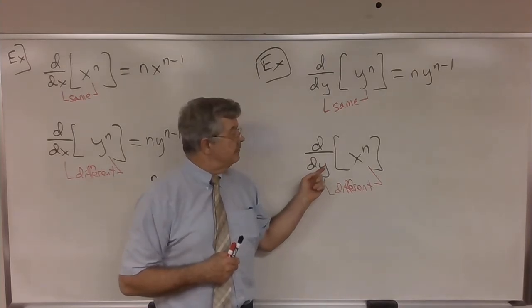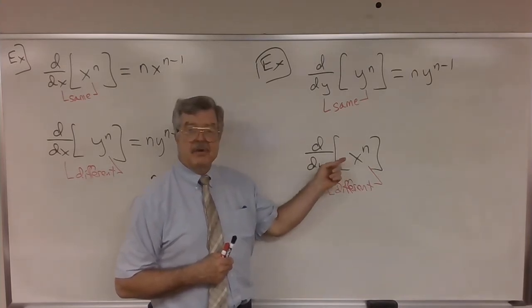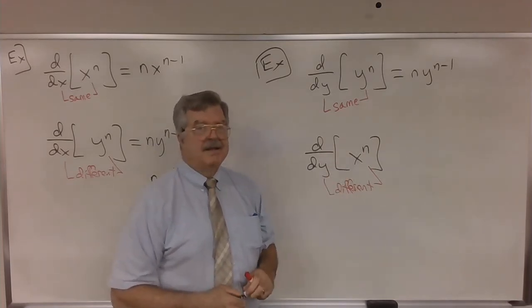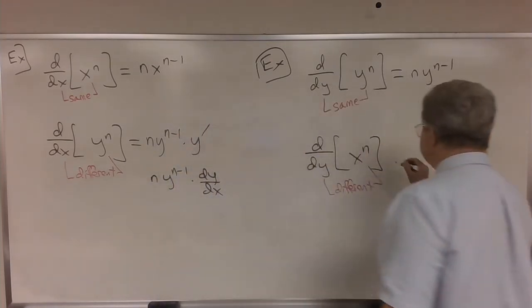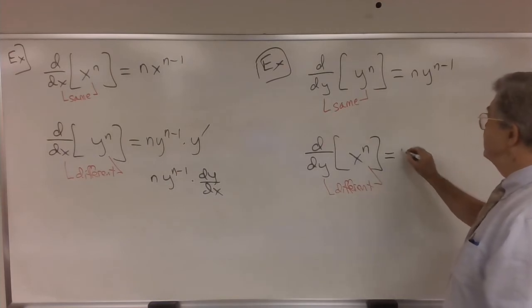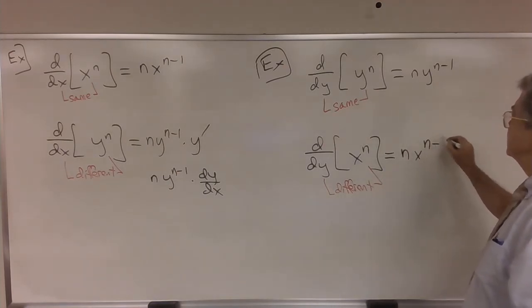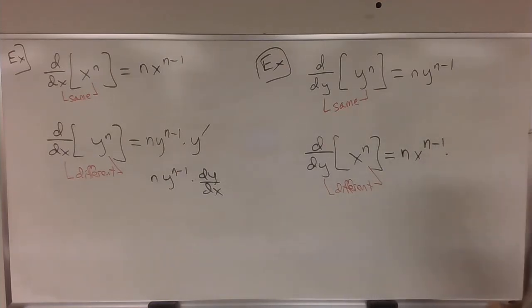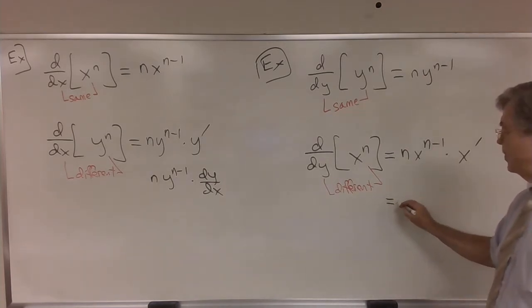That makes this a function raised to a power. So we have to use the chain rule. Power rule as usual, and then the derivative of the inner, where x' equals dx/dy.